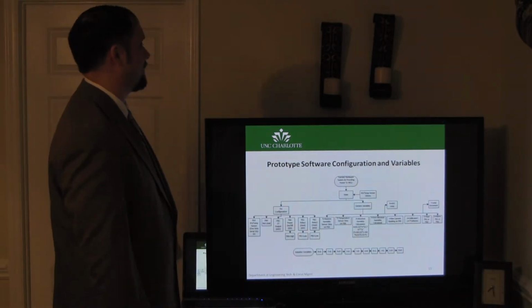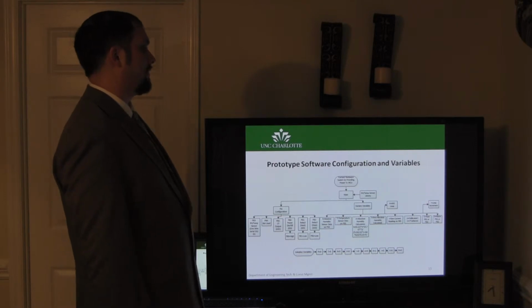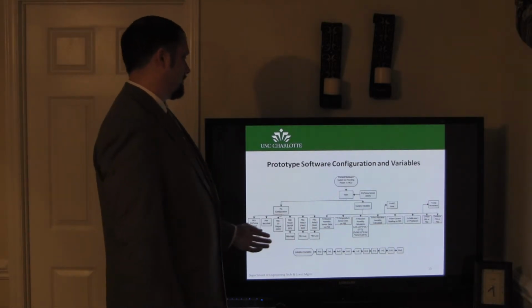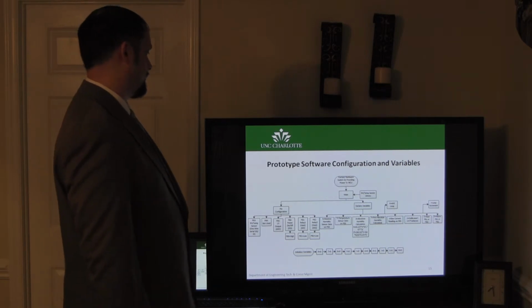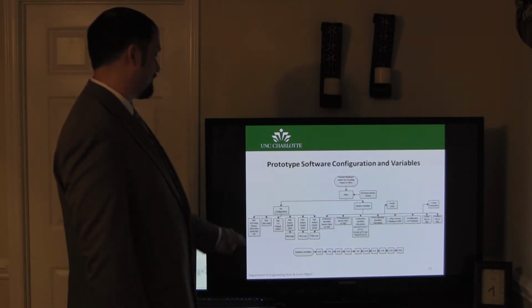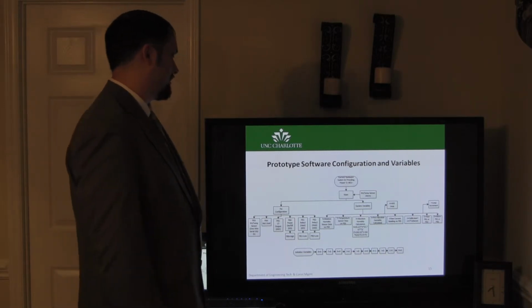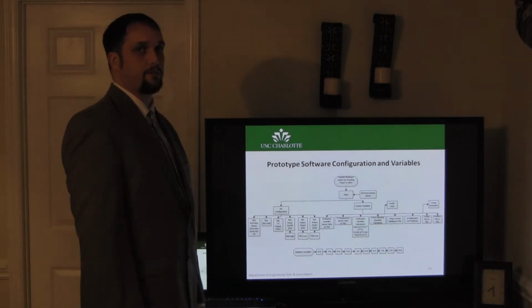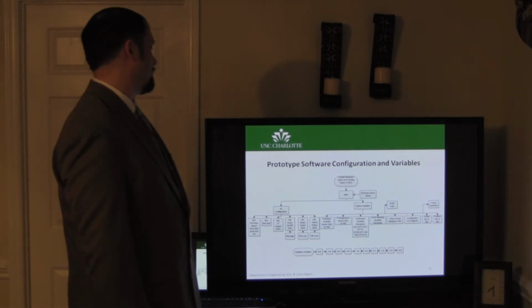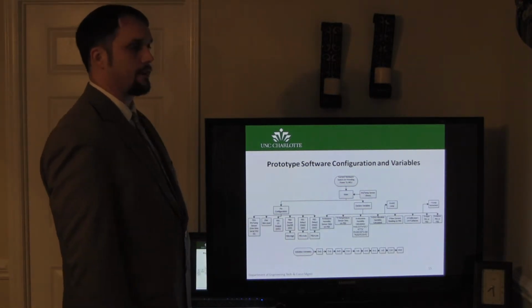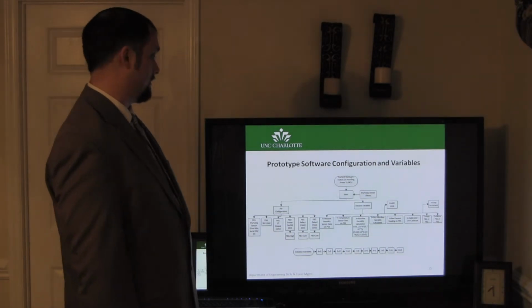And here we have the software configuration and variables. We just configure the microcontroller's pins. We have to configure one pin for the relative humidity and temperature sensor. It's a 1-wire serial protocol. We have one for your CT, which is an ADC, analog to digital converter.